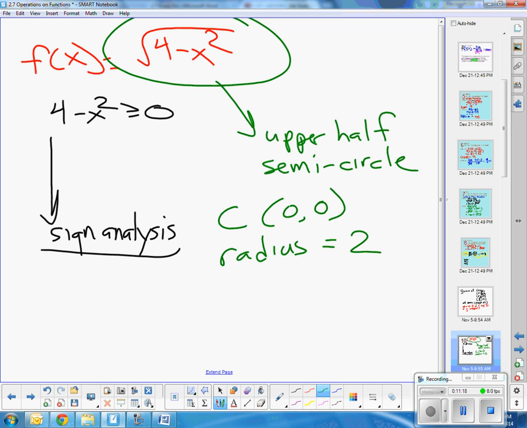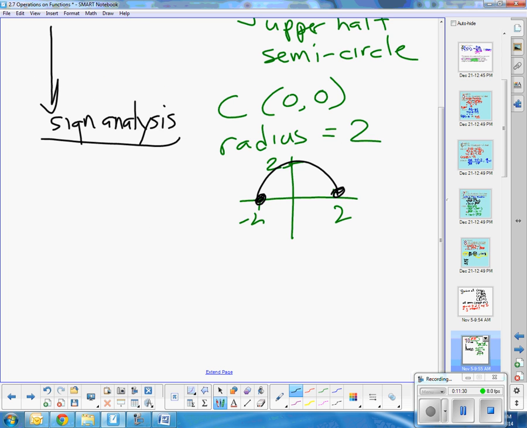So I can make a quick sketch: that's -2, that's +2, and I've got this upper half semicircle. I can easily see that the domain of this function is the closed interval from -2 to 2. Having those recognitions is really helpful because it saves you a lot of work.